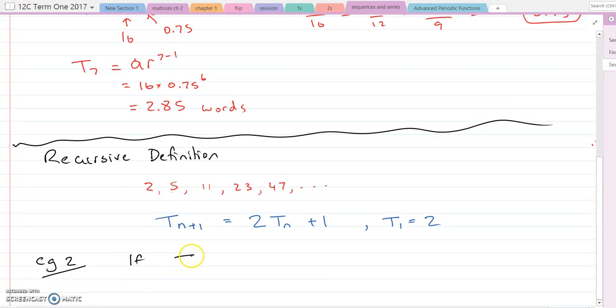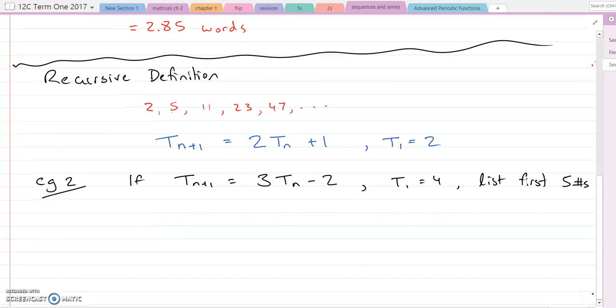So, let's do example 2. If Tn plus 1 equals 3Tn minus 2, and T1 equals 4, list the first 5 numbers in this sequence.